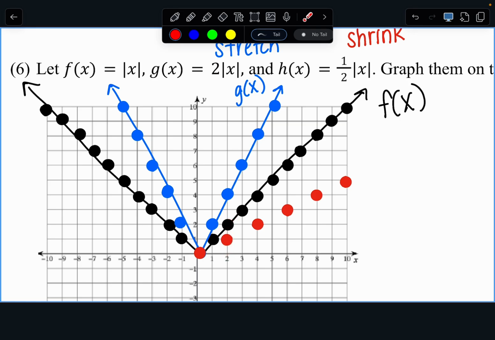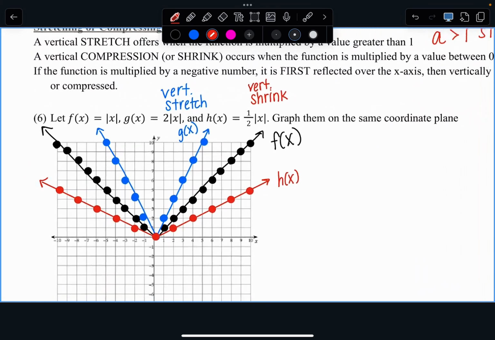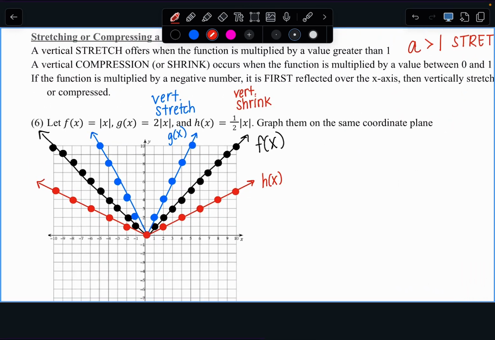I cut it in half and made it 1. This height here was 4. I cut that in half and made it 2. This height here was 6. Cut it in half, and so on. So this is a vertical shrink. So that is h of x. Questions on those?